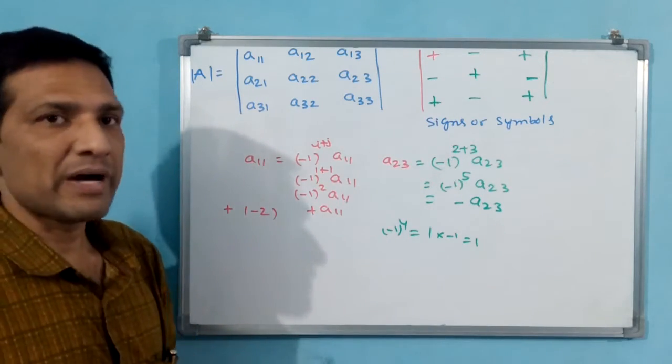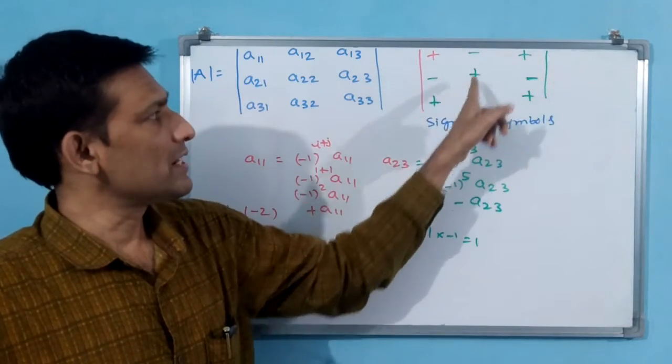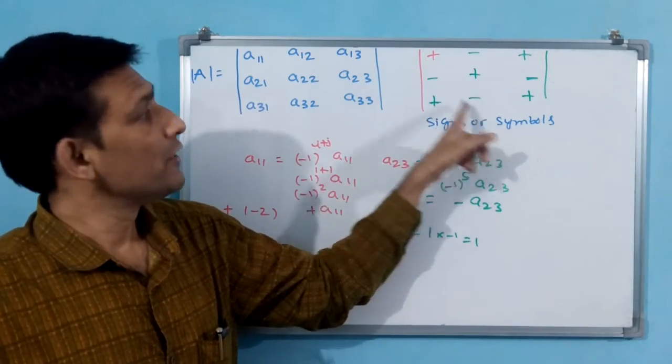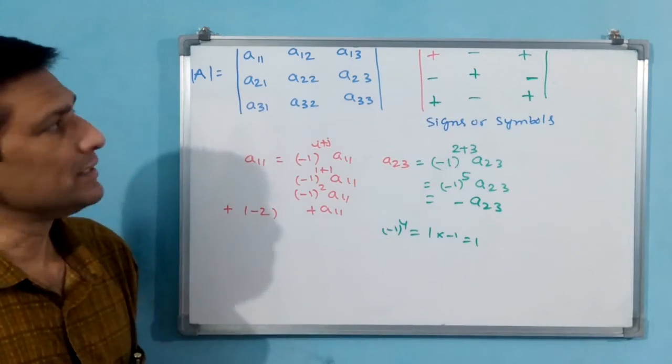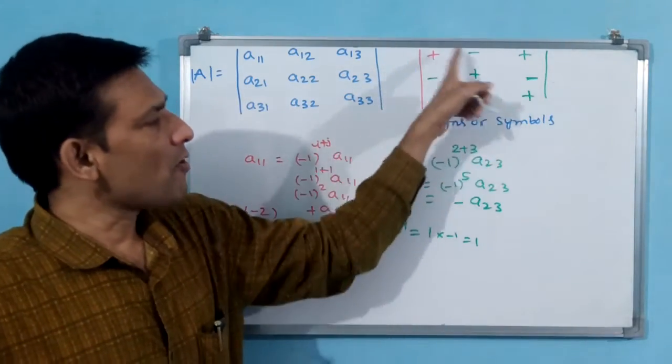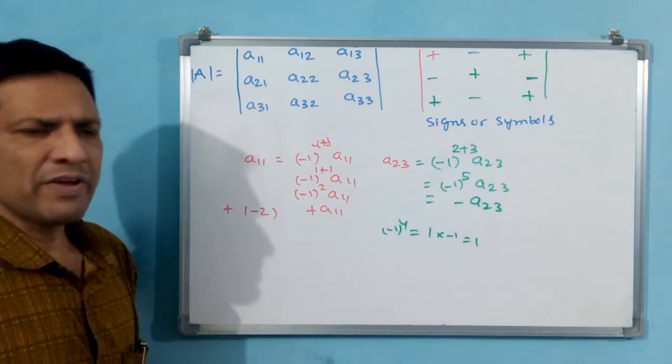Or else you can remember: in between row 1 and row 2, minus. In between column 1 and column 2, minus. Center of all, plus. Any way you can remember.